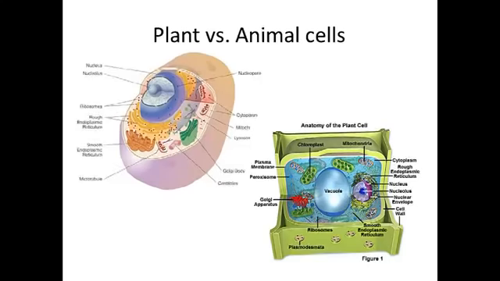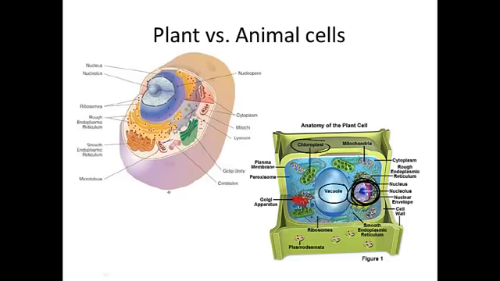Plant versus animal cells. Some organelles that we don't find in an animal cell, but we find in a plant cell would include the chloroplast for photosynthesis, a large vacuole in the middle, and this large vacuole squeezes the nucleus over to the side of the cell. Also the cell wall around the outside.